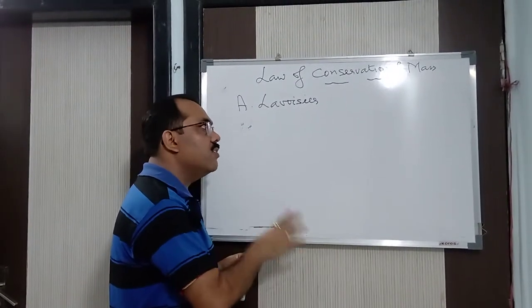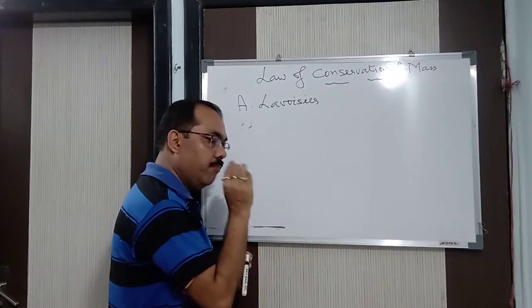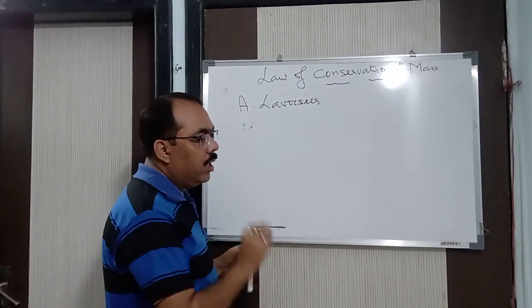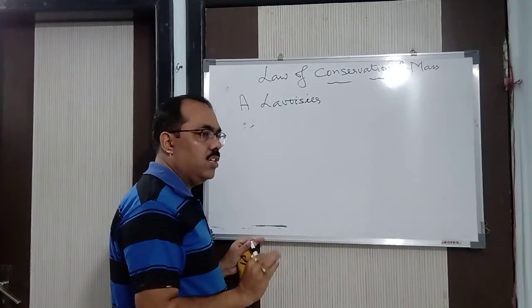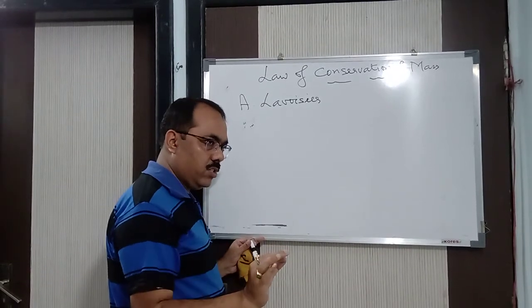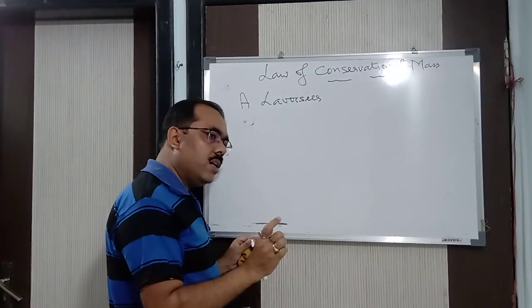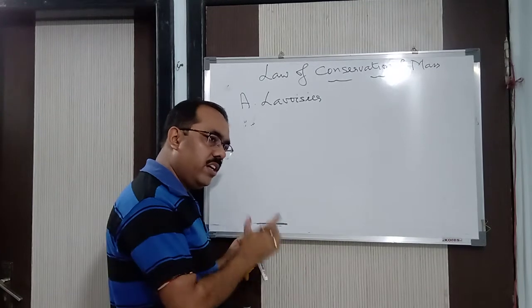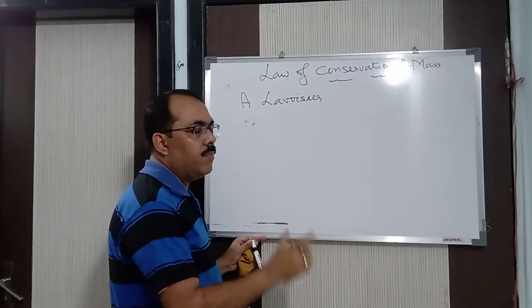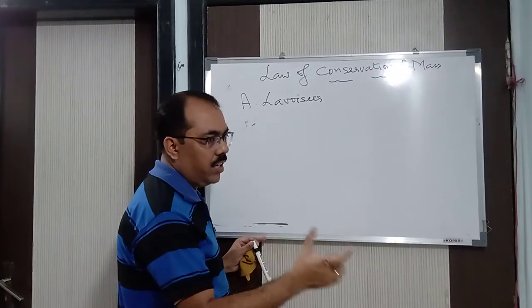Now, what does the law of conservation of mass state? Please listen carefully. In any physical or chemical change, in any physical or chemical reaction, the total mass of the reactants before the reaction is equal to the total mass of the products at the end of the reaction.